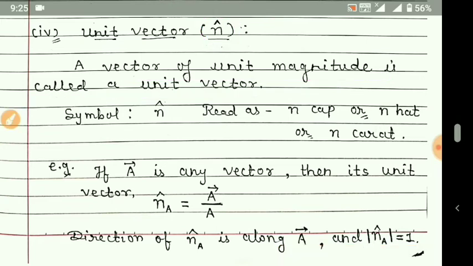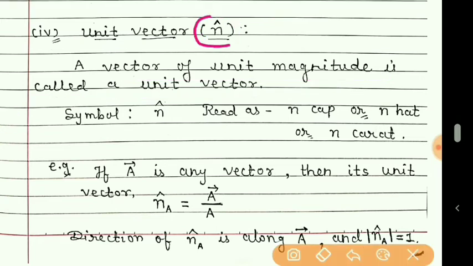So we read this as n cap or n hat. You can see there is a hat like structure. So it is also called n hat, or sometimes n caret. But a better way to speak is n cap. So the symbol for a unit vector is n cap.